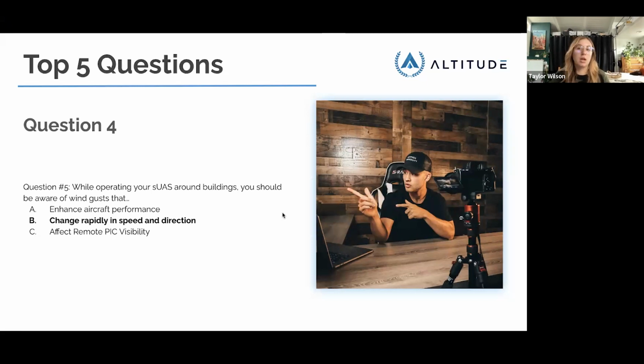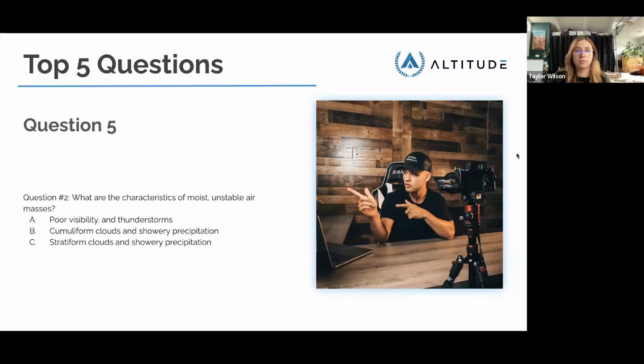So if you think about a wind current, it's flowing, then all of a sudden we put a building right in the middle of it, it's going to disrupt that flow, right? So it might change the speed and the direction of that current. So we definitely want to be knowledgeable of that when we're operating our drones around buildings, because it can put us in an unsafe situation, or even put others in a harmful situation as well.